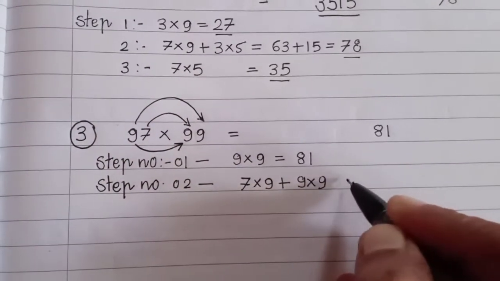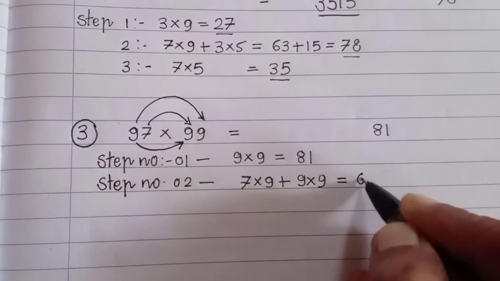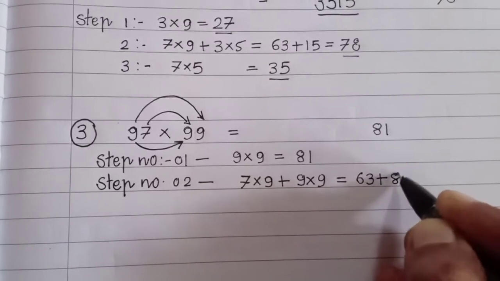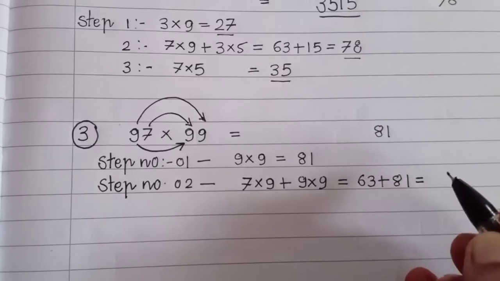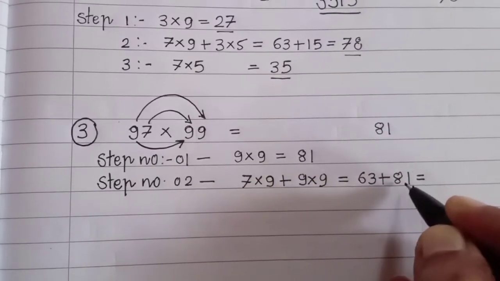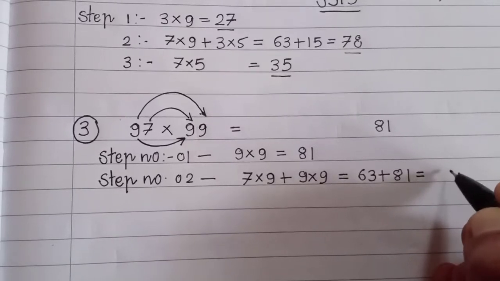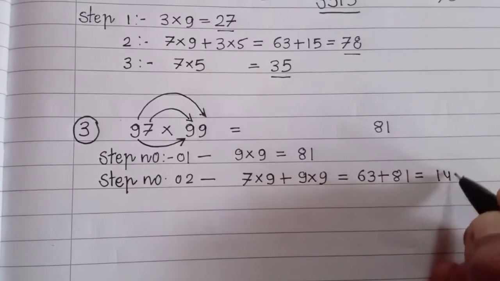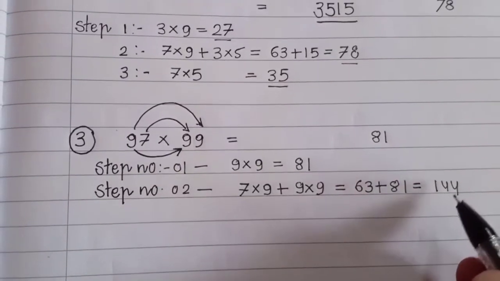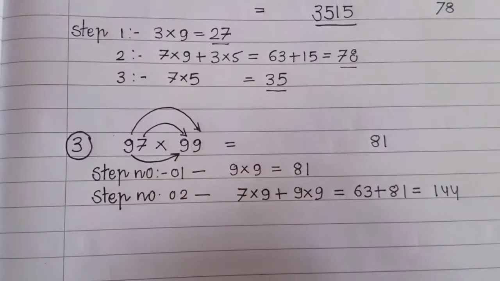It is this, 63 plus 9 into 9, 81. Make a addition here, 63 plus 81. It is 144. Now you are writing 144 here.